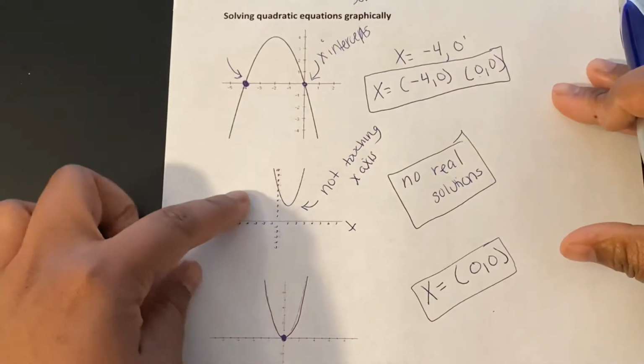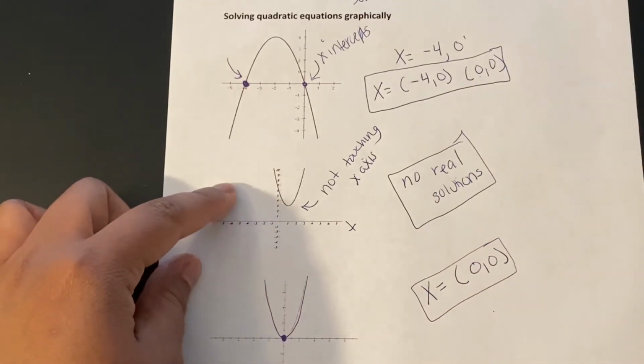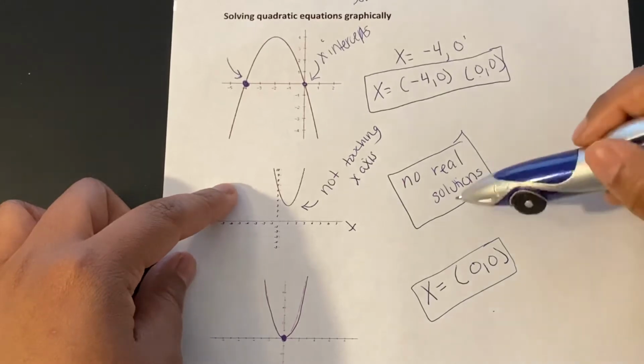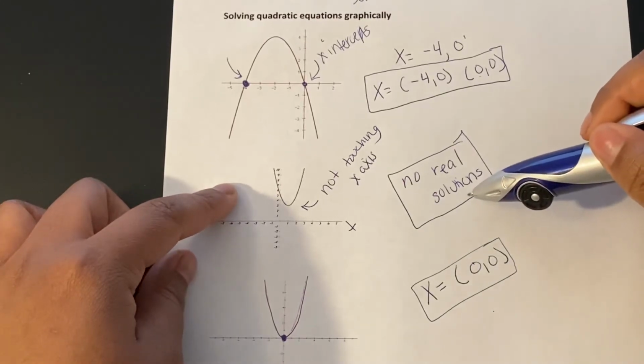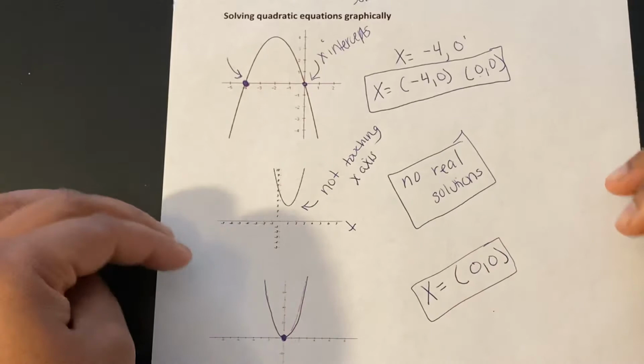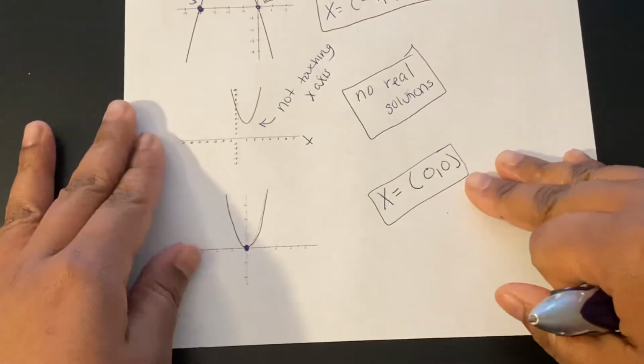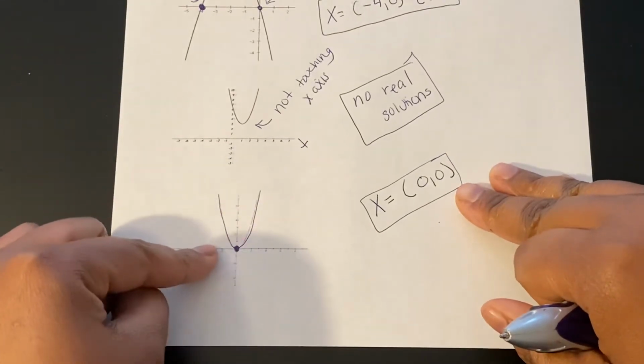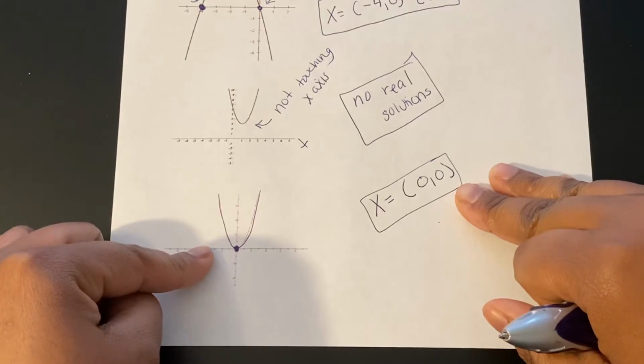Then you have a scenario where the graph does not touch the x-axis at all, and that's when we say you have no real solutions. Lastly, the scenario is where the graph only touches the x-axis once.